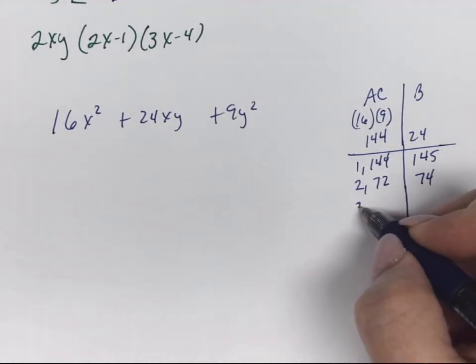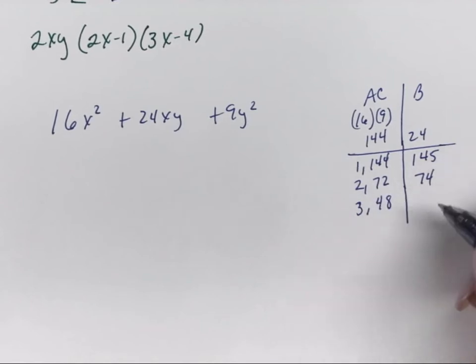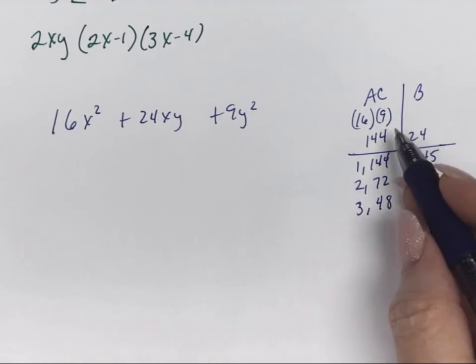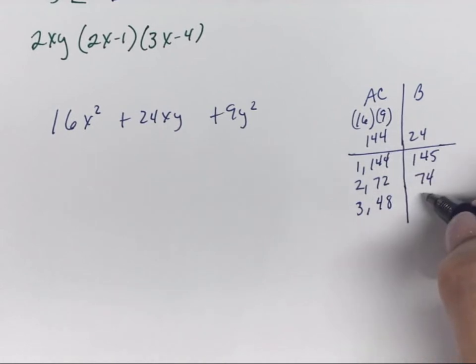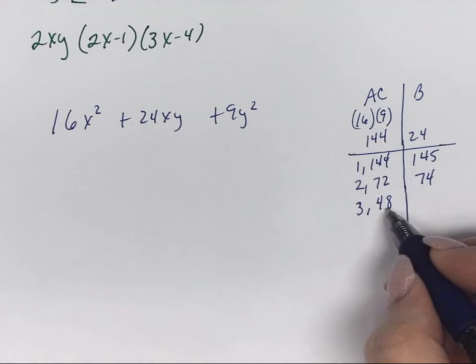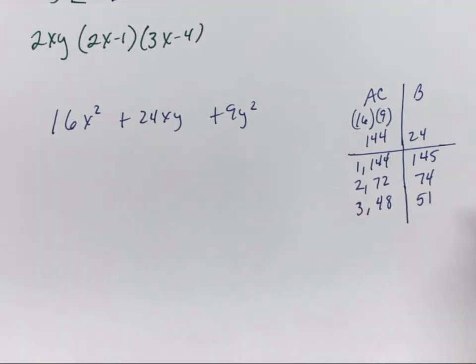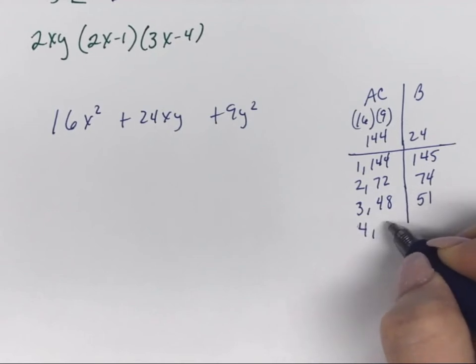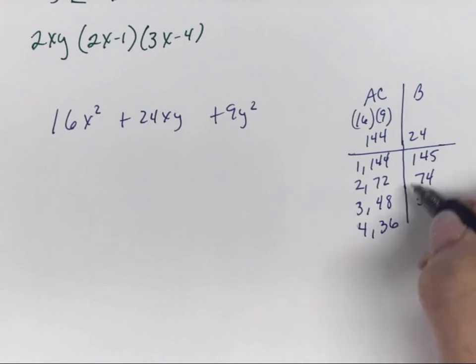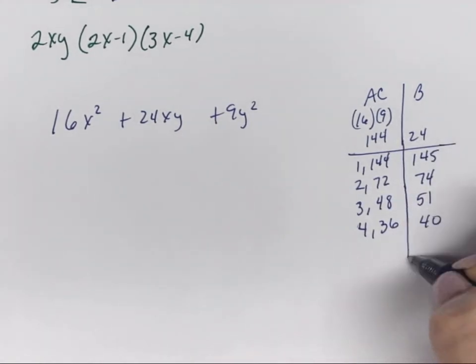144 divides by 3, and you can use a calculator to do this part. 3 times 48 is 144. When I add it, I get to, let's see, 51. 4 goes in there. 4 times 36 is 144. When I add it, I get to 40.